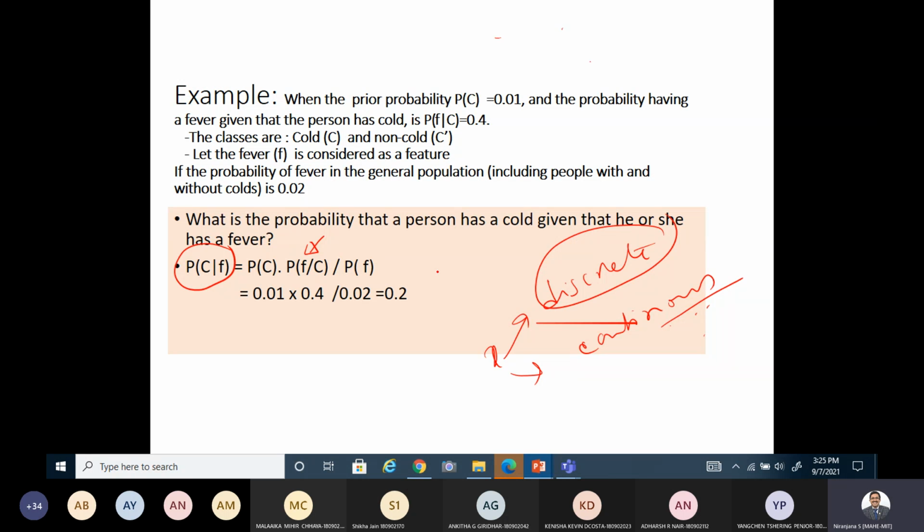Suppose in a binomial problem, there is a discrete distribution we have seen, right, which describes the class. There could be two types of classes, binomial or Poisson. When you take, say, class A, I think one of the Poisson distribution problems I have taken was for type A and type B.